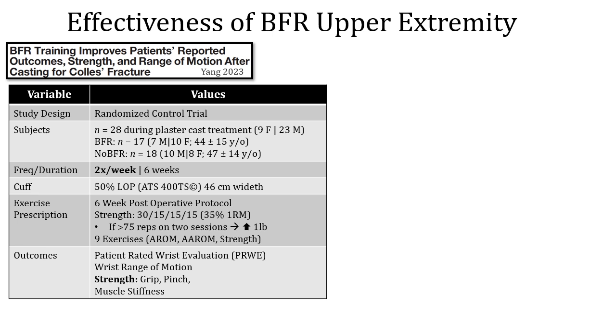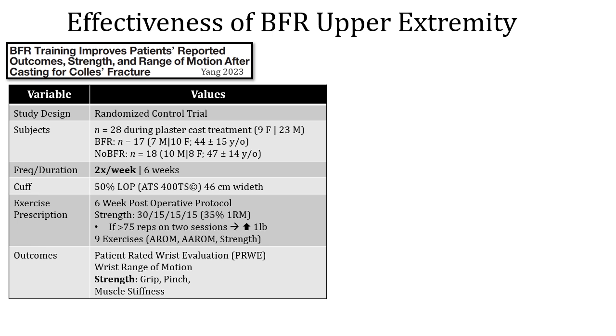But here's a comparable study, an RCT, with a plaster cast, about the same size as what we saw in the distal radial fracture. Frequency was 5 times per week for 6 weeks, 50% LOP, 46 centimeter width cuff, with a 6 week postoperative protocol.